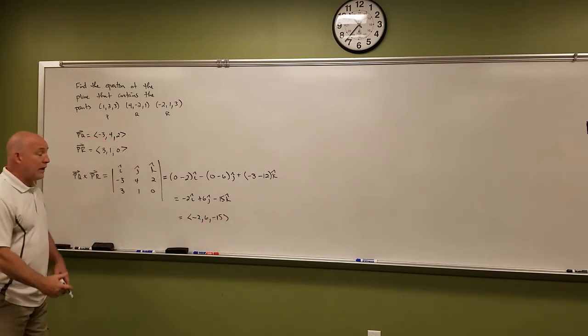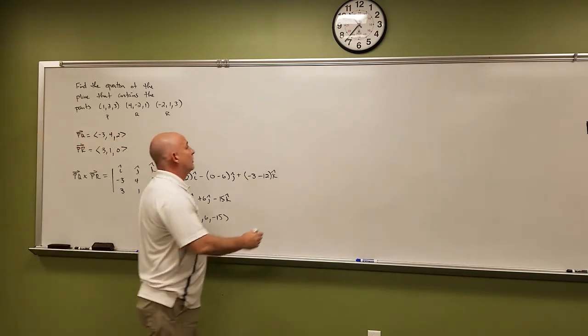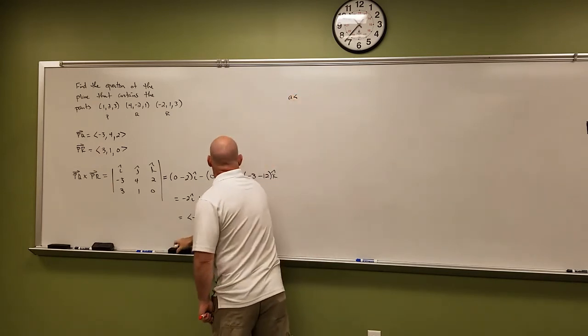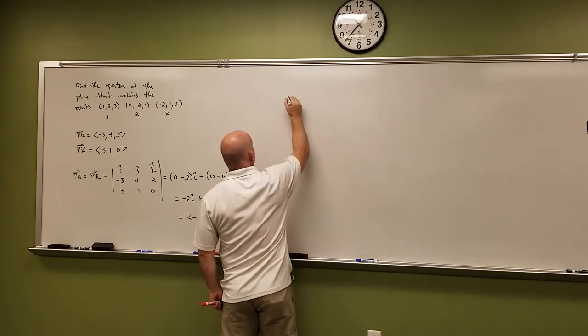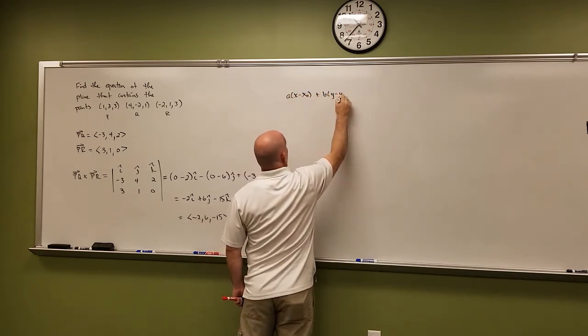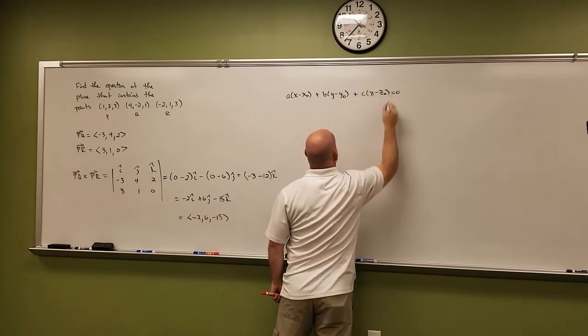Okay, so now we have everything we need to write the equation of this plane. So I'm going to put it back up here real quick. Remember the equation of our plane? It is a(x minus x naught) plus b(y minus y naught) plus c(z minus z naught) is equal to 0.